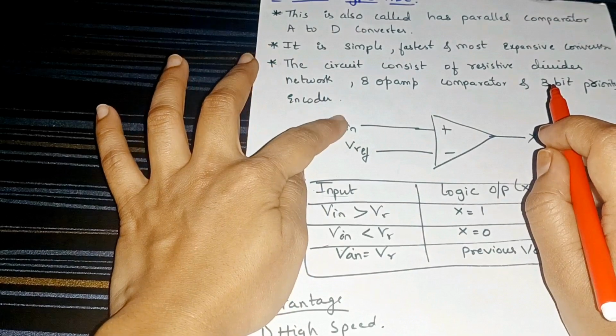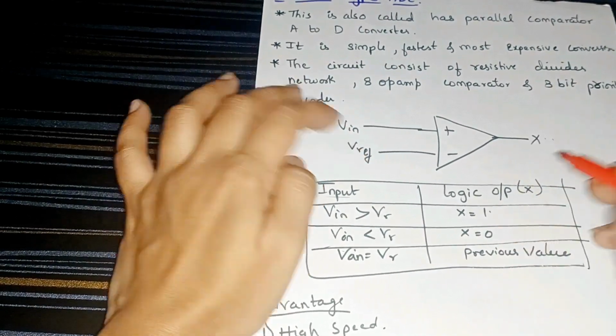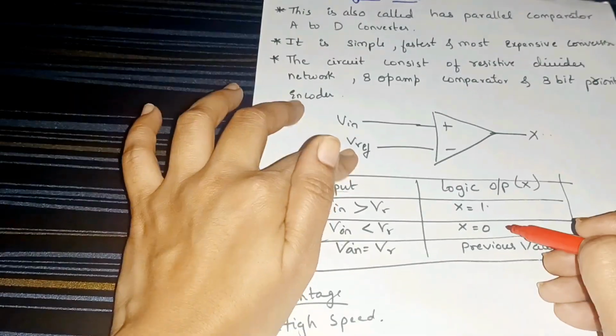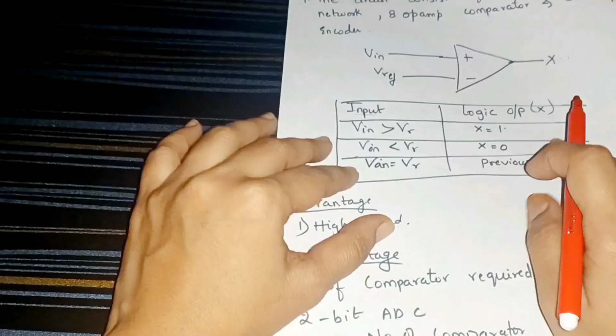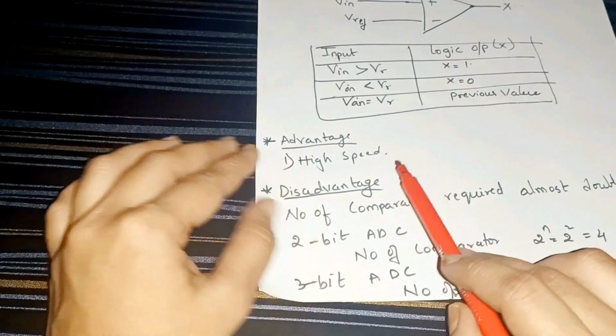When the input is greater than the voltage reference, we get output 1. If the input is lesser than the voltage reference, we get output 0. The advantage is high speed.